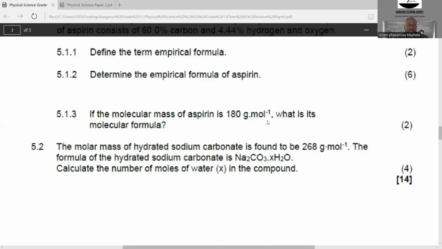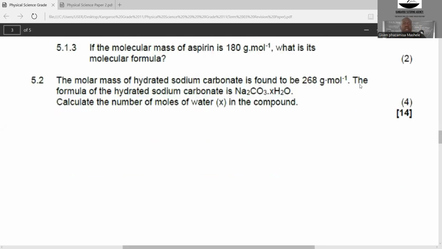Right, then the next question says, the molar mass of hydrated sodium carbonate is found to be 268 grams per mole. So here it is sodium carbonate with water.